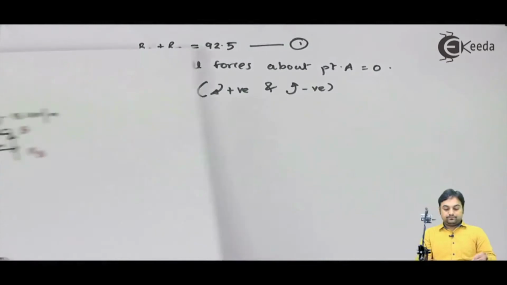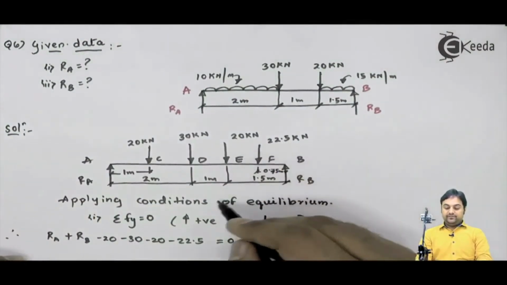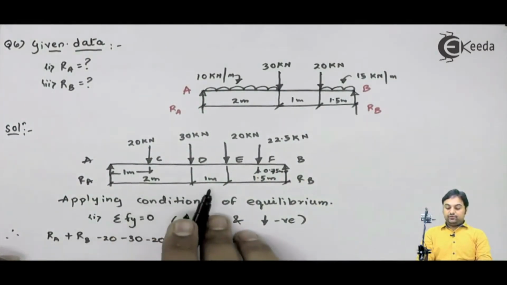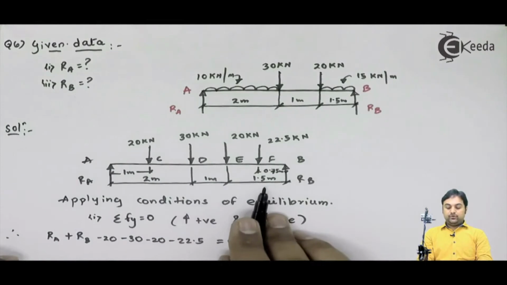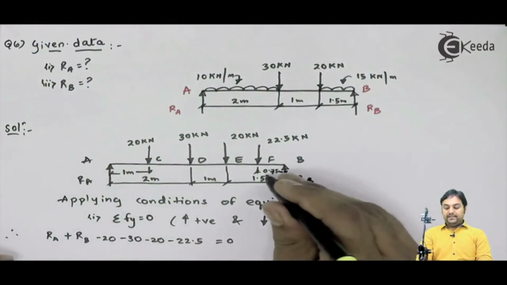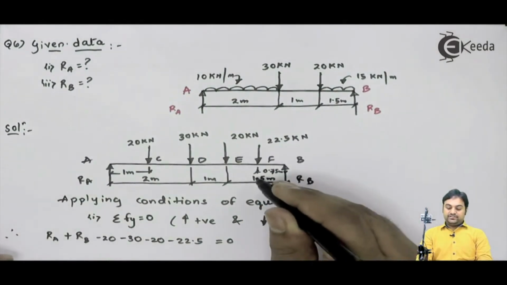Next, after RB, I have 22.5 kilonewton. It would be acting at, since here I have 2 plus 1 plus 1.5, that is 4.5 meters. And from B, the location of 22.5 kilonewton is 0.75.